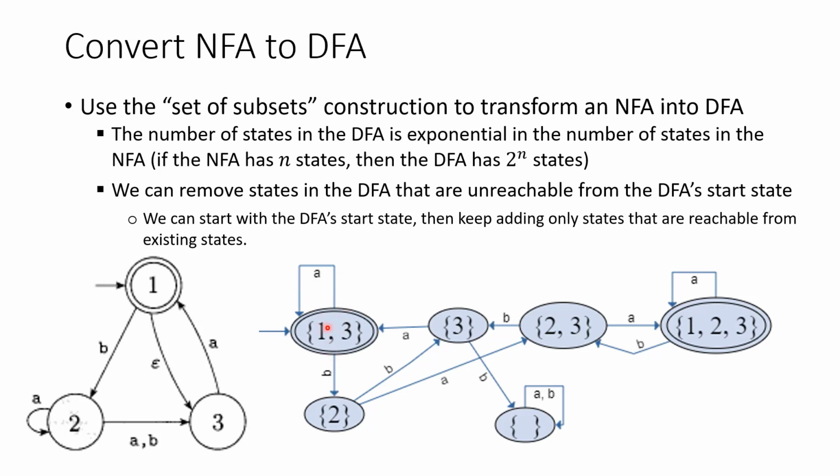On the input A, it just goes back to the same start state. On the input B, it will go to the next state, which is the one consisting of just state 2 of the NFA. Now we have these two states, and we also have to explore the outgoing transitions from these two states to get new states.